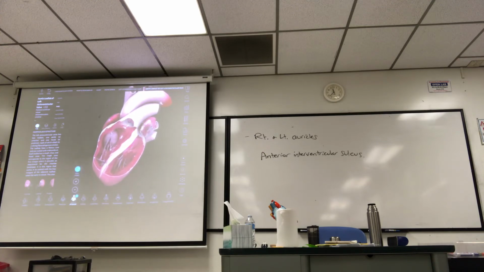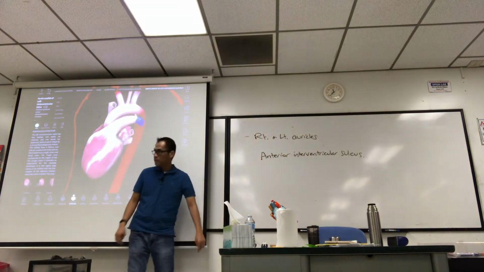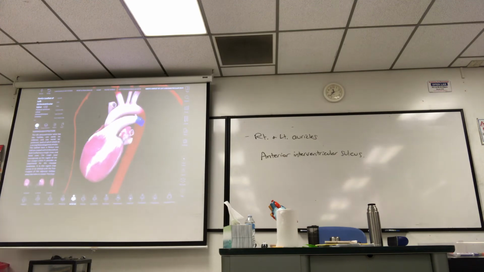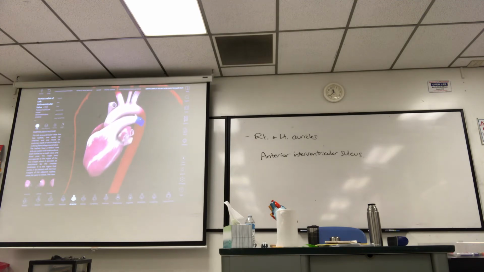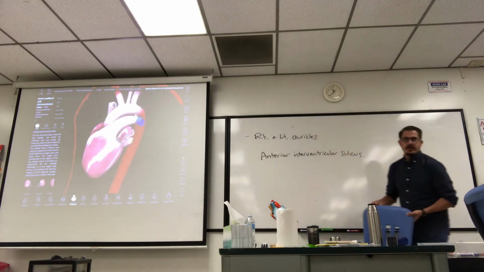There's a coronary blood vessel that runs down the anterior interventricular sulcus. It's called the anterior interventricular artery. It's one of the biggest arteries that supplies blood to the heart. If you have a heart attack, it's because that blood vessel became clogged, causing a massive heart attack, hence the term widowmaker. And usually they say widowmaker because men are more prone to heart disease than women.